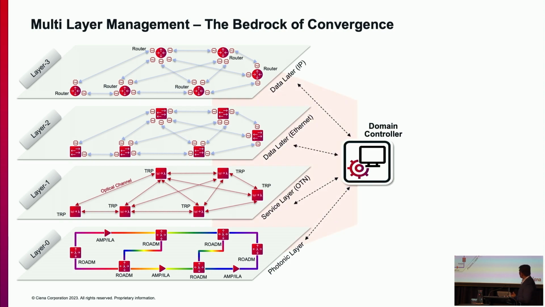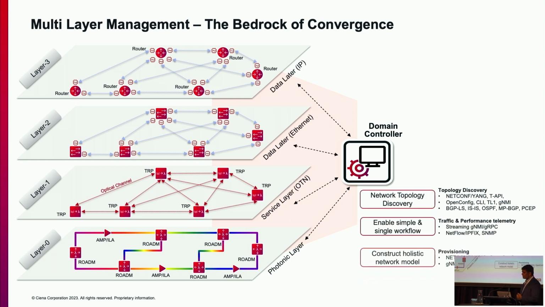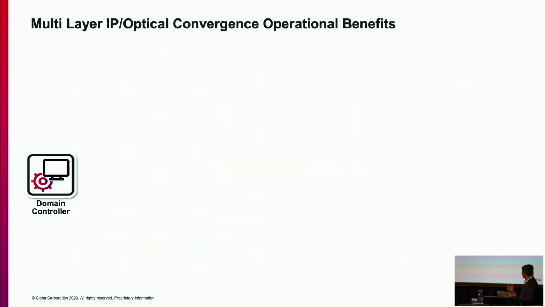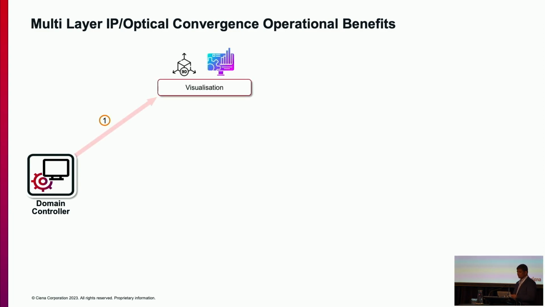A management layer having knowledge of multiple layers would really help us to do proper network discovery, would help us to construct a holistic network view, and would provide seamless integration of services across different layers. On the north-south interface, it could interact with the higher management, the OSS layer, with open interfaces like TAPI and IETF. So when we look at a controller, a management layer having knowledge of different layers, it would help us to provide better visibility of the network.